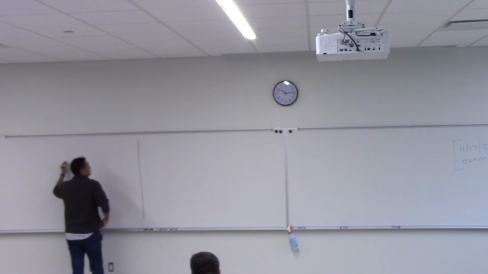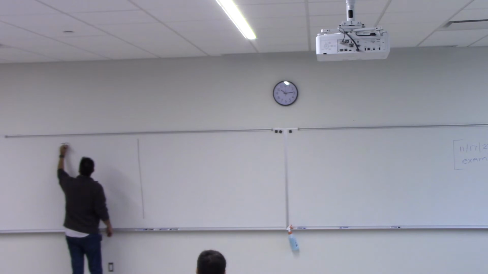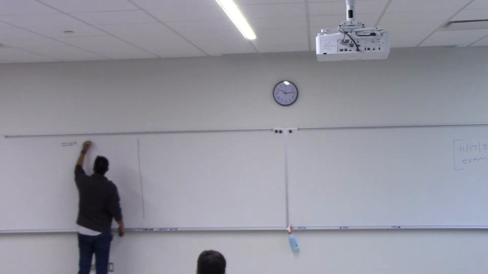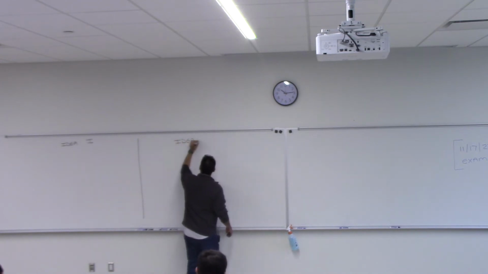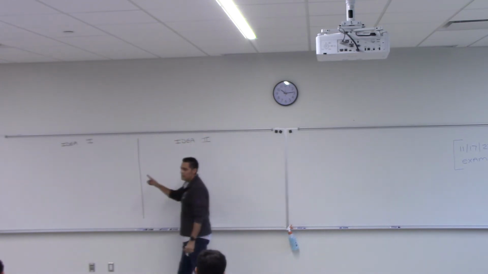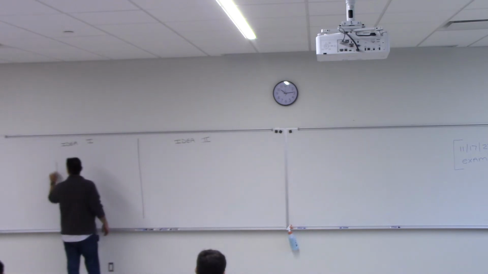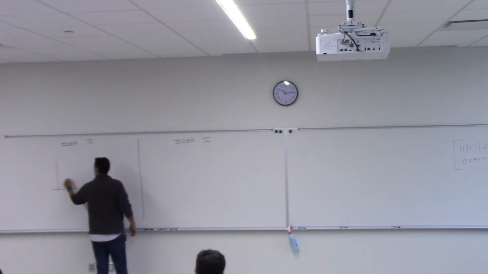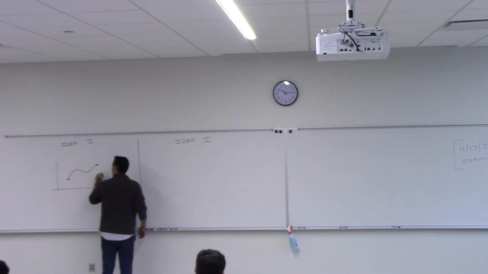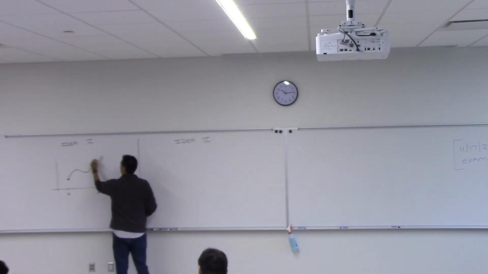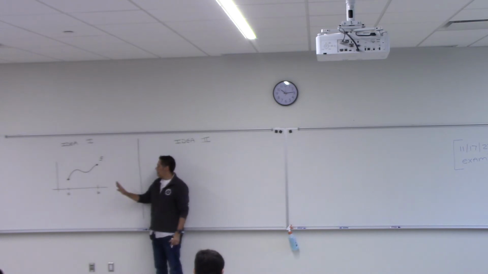All right, so we'll say this is idea 1 and idea 2. These are the main two concepts. The first idea is this. If you have a function that starts at some point and ends at some point, what we would say is that you have a function defined on a closed interval.